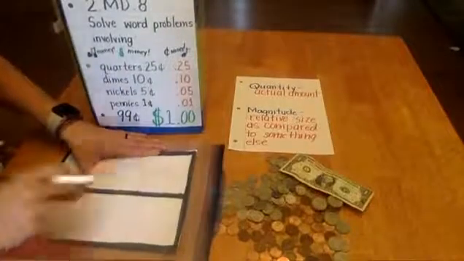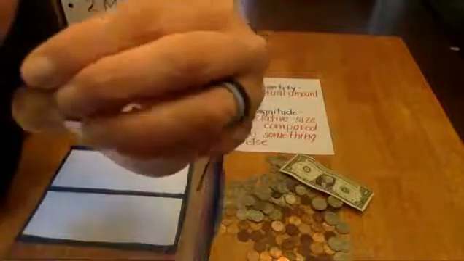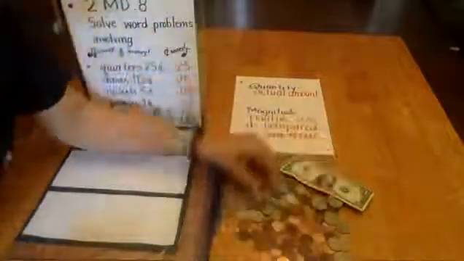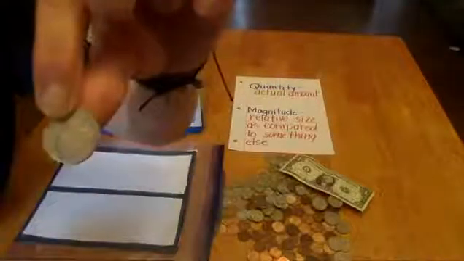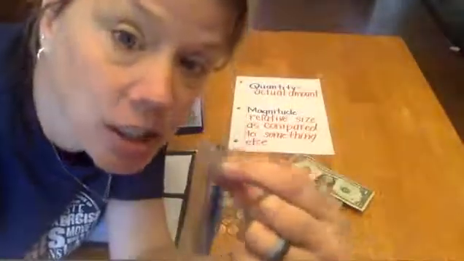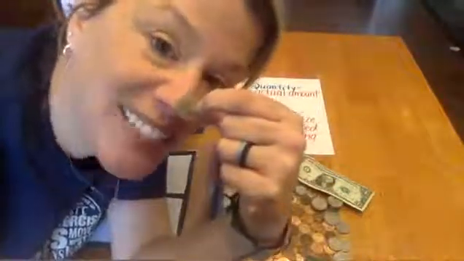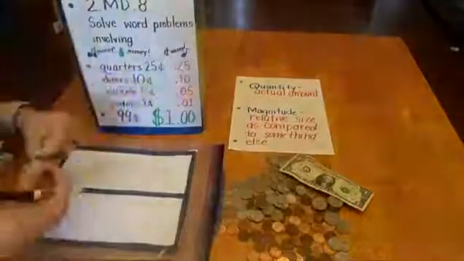Okay. So we talked about our penny. The next coin I want to talk about is this guy. You know what coin this is? It's a nickel. Do you know how much it's worth? 5 cents. Hoorah.